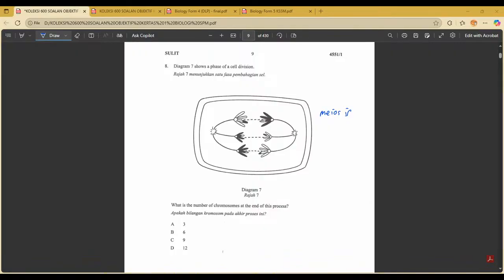Back. This is meiosis. This is phase 1, I think.